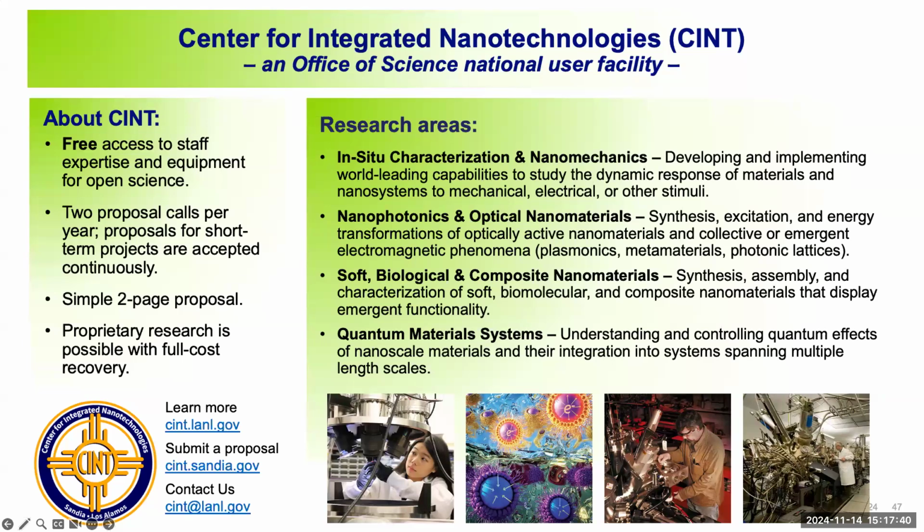There are two user proposal calls a year. This is pretty simple. It's a 2-page proposal for research that is open. If you have proprietary research, which is probably not the case here, we're required to get full cost recovery.